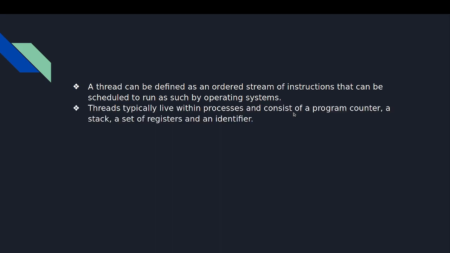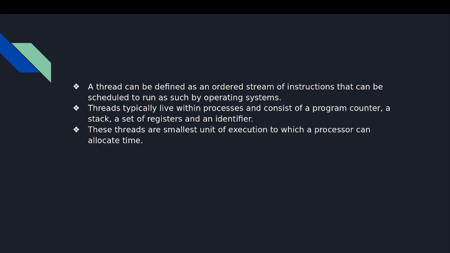Threads typically live within processes and consist of a program counter, a stack, a set of registers, and an identifier. Those four characteristics of a thread are important: a counter, a stack, a set of registers, and an identification. But it's also important to note that threads live within processes; they don't live alone.